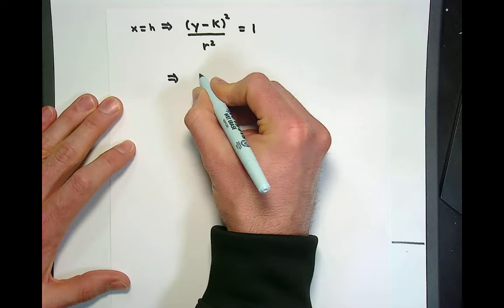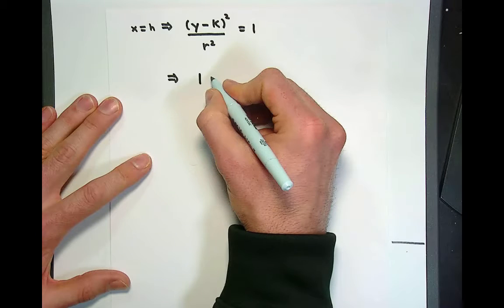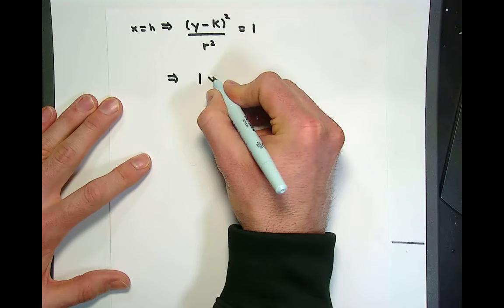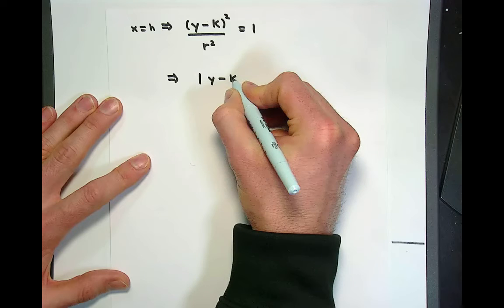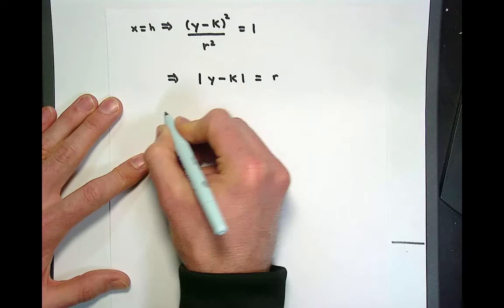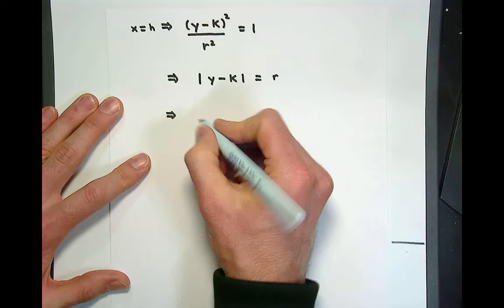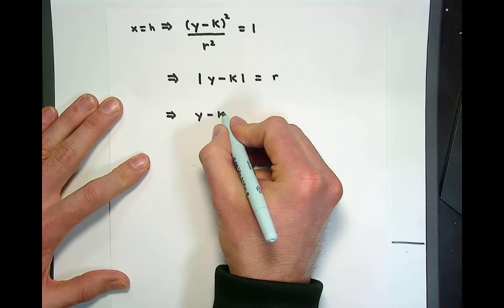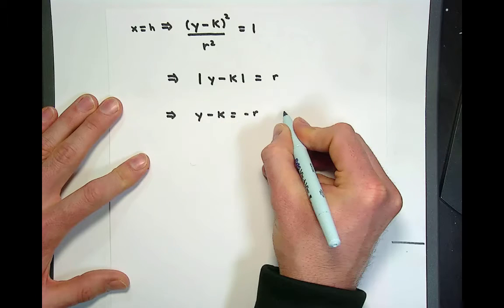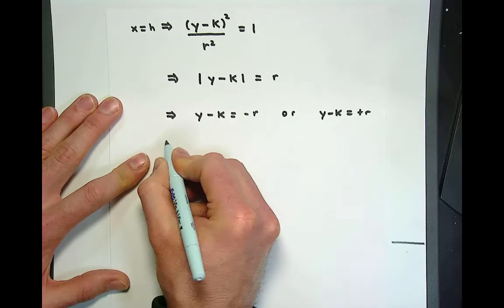You can repeat the same process at home, and I encourage you to do this for yourself. Never trust a teacher. I'm going to simplify the steps, not because I believe they should be simplified, but because I want you to immediately test yourself to see if you can recreate that math. So this would mean that we have y minus k is negative r, or y minus k is positive r.